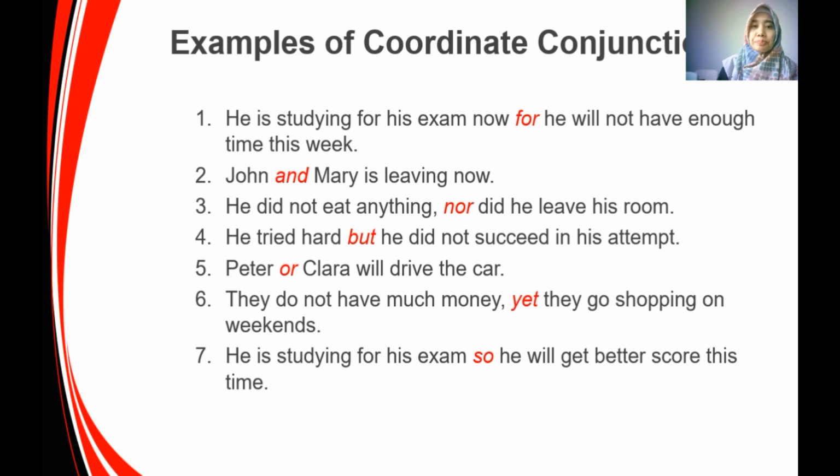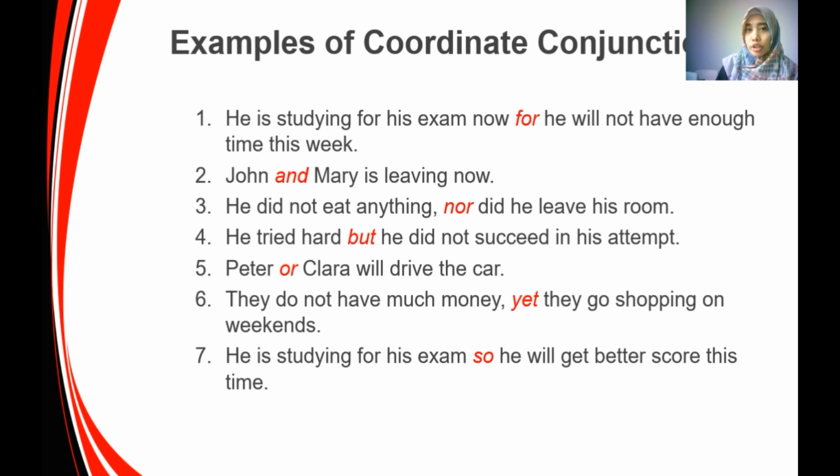And in number three, we have nor. He did not eat anything, nor did he leave his room. So nor here bears a negative meaning. Usually the first statement is in the form of a negative sentence. The second clause is like an addition, even though it doesn't contain the word not, but it shows a negative statement. As you can see here, in the second clause, the subject and verb are inverted.